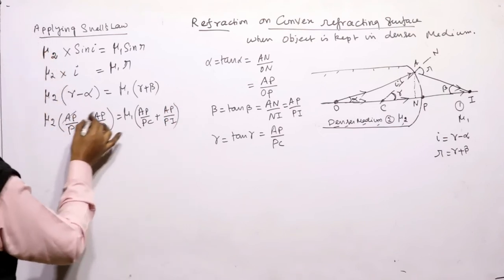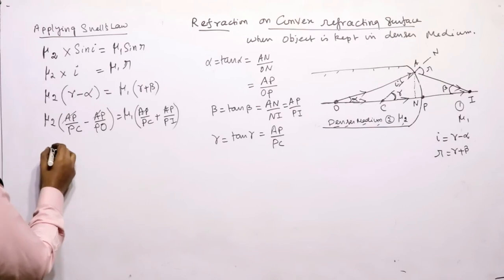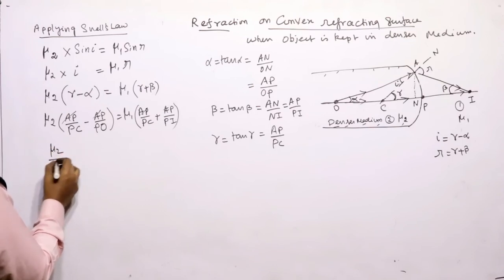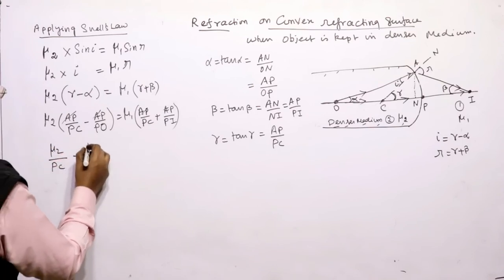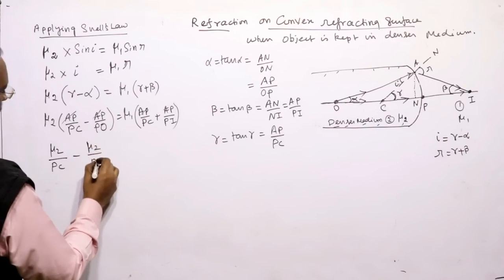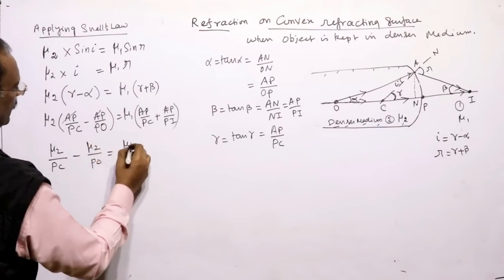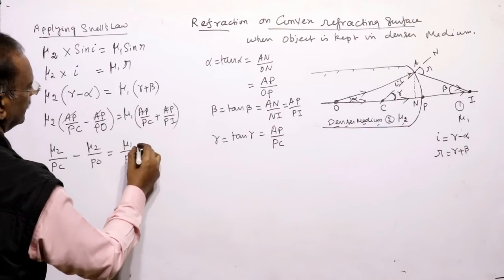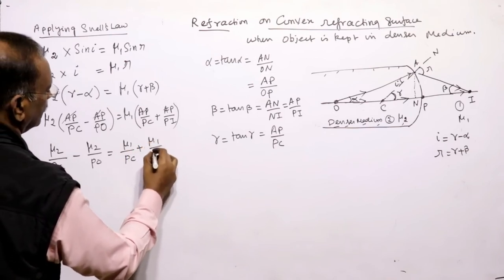So this AP gets cancelled. We can write mu2 by PC minus mu2 by PO is equal to mu1 by PC plus mu1 by PI.